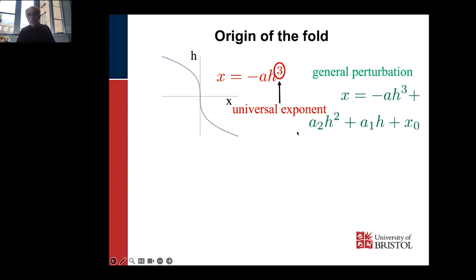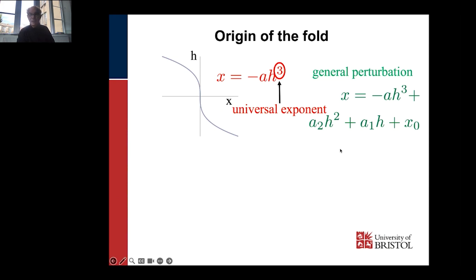In my expansion, this was the original term, and now I allow perturbations proportional to h, and perturbations proportional to h squared. I don't take into account perturbations of order h to the fourth, simply because near this point h is going to be small, so any perturbation of higher order in h will be small. So to leading order, any perturbation I might introduce will be of this form.